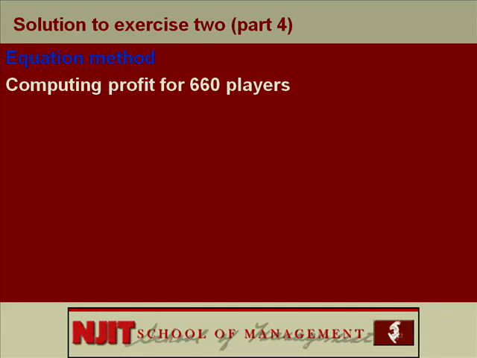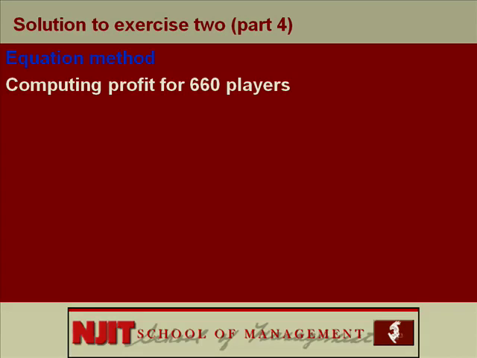If you follow her strategy, sales went up 10%. So we're trying to figure out the bottom line profit for 660 players. It was 600 before. She says if you follow the strategy, the sales would increase 10%.